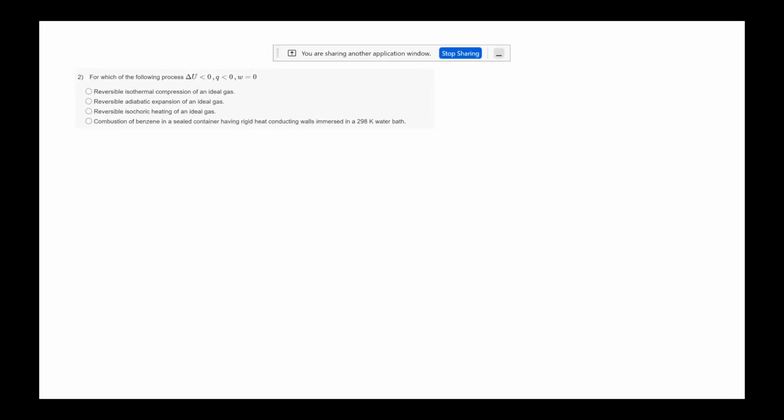The first option is reversible isothermal compression of an ideal gas. Now as you all know, for isothermal compression, first option isothermal means T constant, delta T is 0, means change in internal energy is 0.